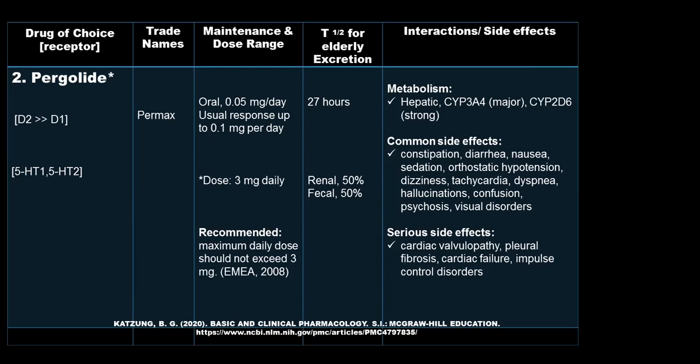So this drug is associated with an increase in pulmonary artery pressure. Due to this, it was removed from the US market in 2007, but it is still used internationally. The side effects include increased sedation, somnolence, and daytime sleepiness. Next.